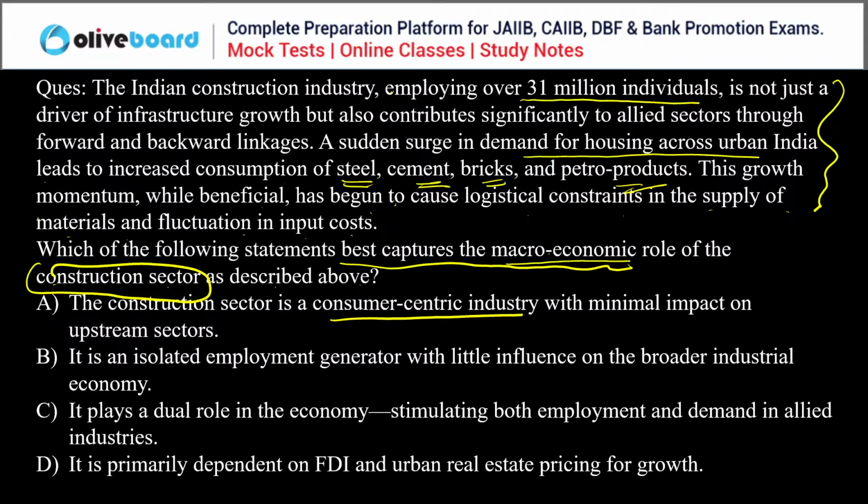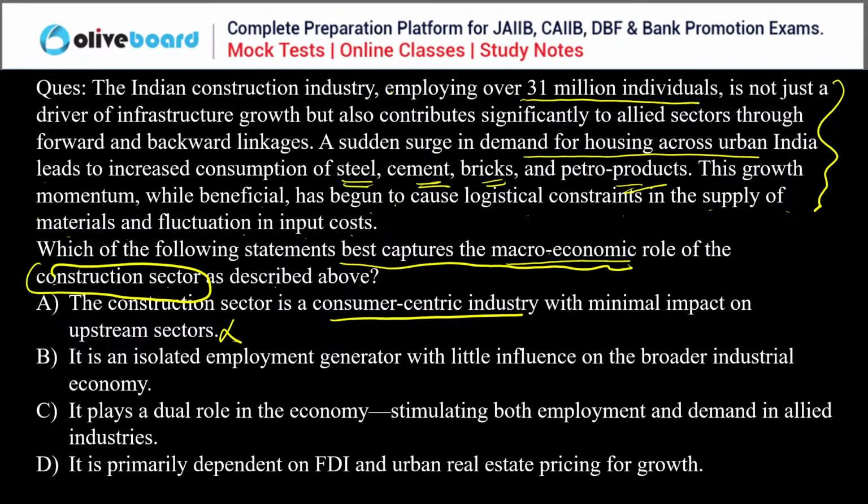When I am constructing a house, I am getting the benefit of the house, that is true, but indirectly that house needs steel, cement, bricks, and petro products to build it. So it is not only customer-centric, it is heavily dependent upon industrial output, and it has its effect on the backward and the forward linkage. So A is a completely wrong statement.